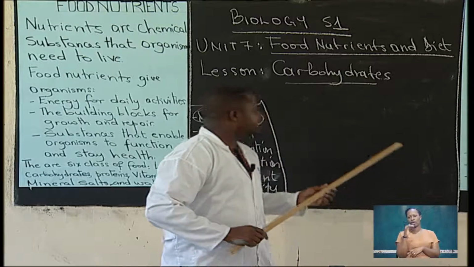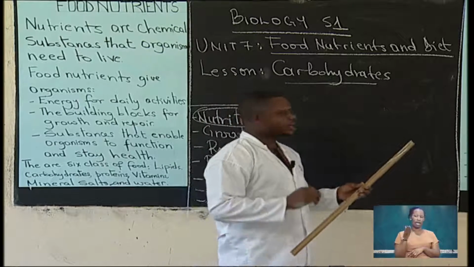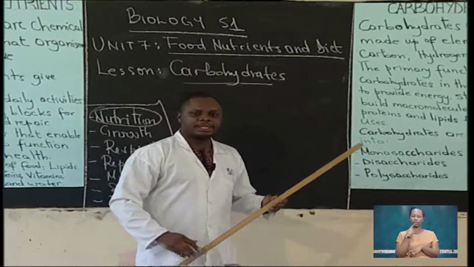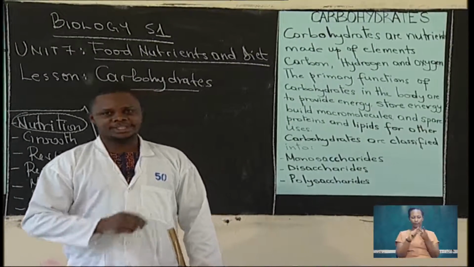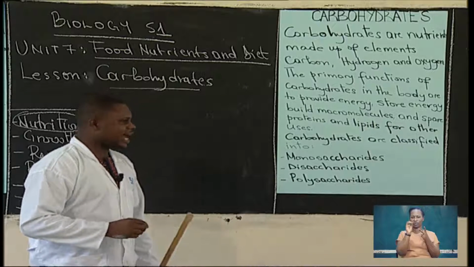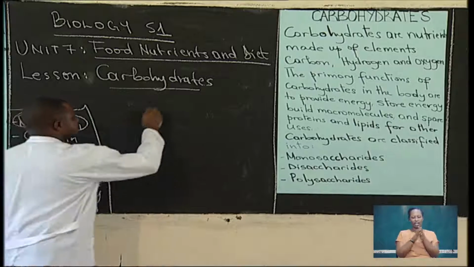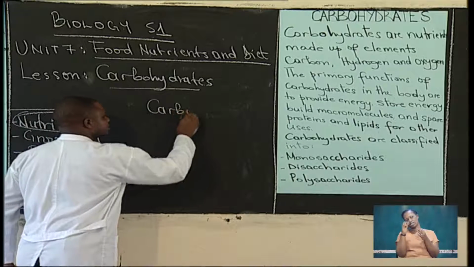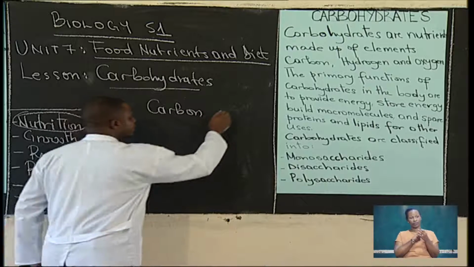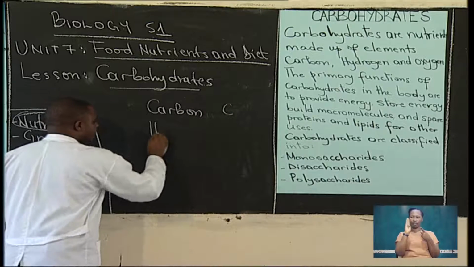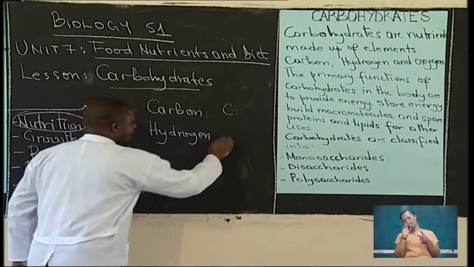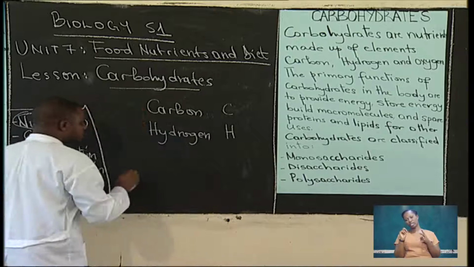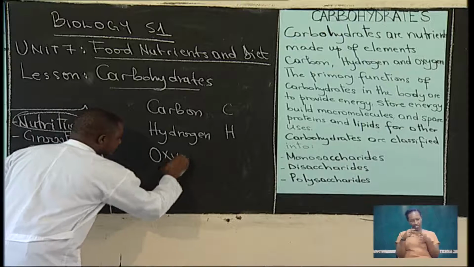And carbohydrates are nutrients, as we have said, which are made up of elements carbon, hydrogen, and oxygen. Remember, these are elements you learn. We have carbon, and the symbol for carbon is C. We have hydrogen. The symbol for hydrogen is H. Then we have oxygen.